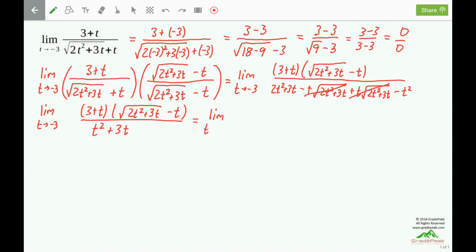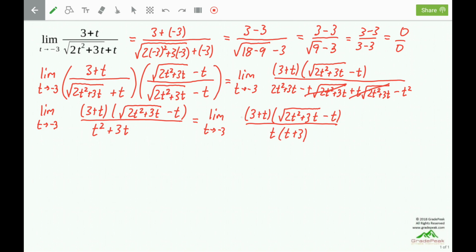So we have limit as t goes to -3 of 3 plus t. I'm going to leave the numerator alone, times the square root of 2t squared plus 3t minus t, and all of that over factor t out as a common factor, and we have t plus 3.